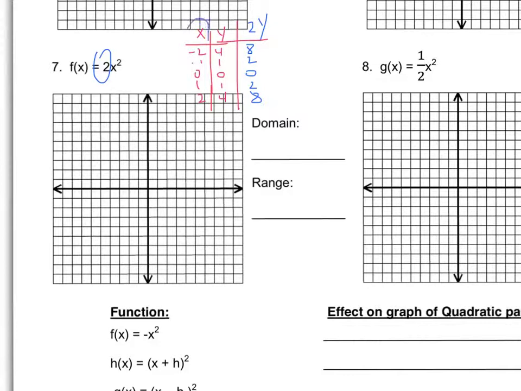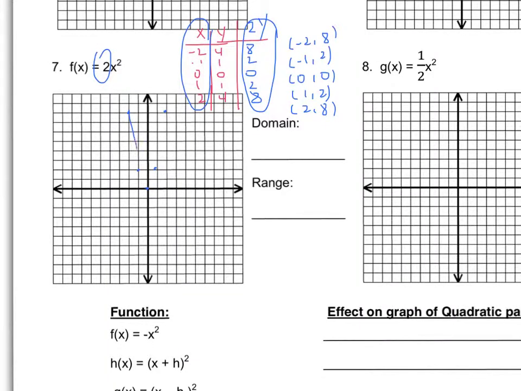So my new coordinates are negative 2, 8, negative 1, 2, 0, 0, 1, 2, and 2, 8. Let's graph it. So negative 2, 8, going to be somewhere over here. Negative 1, 2. 0, 0, 1, 2, and 2, 8.